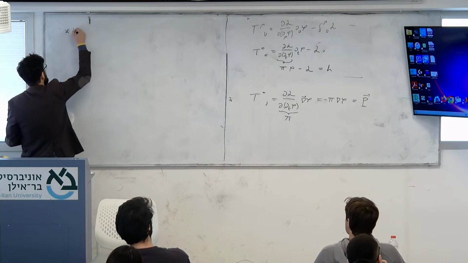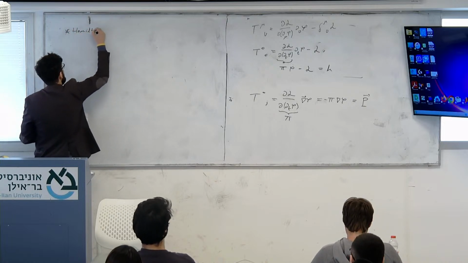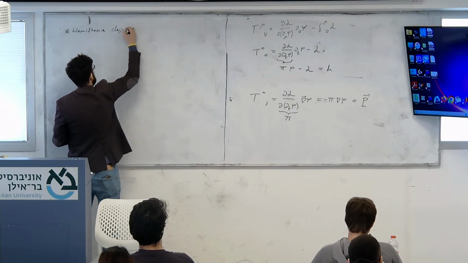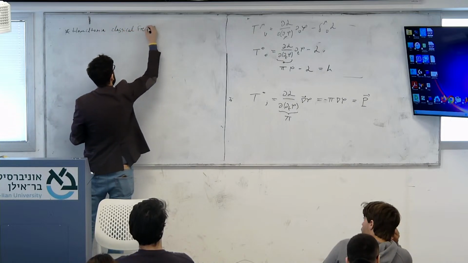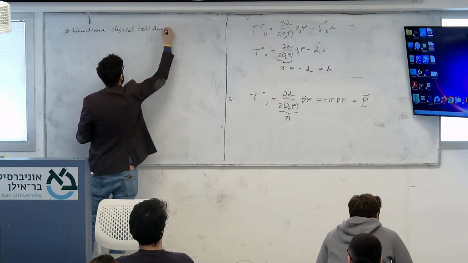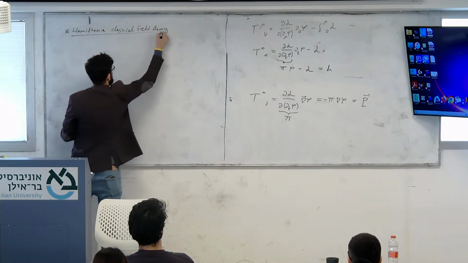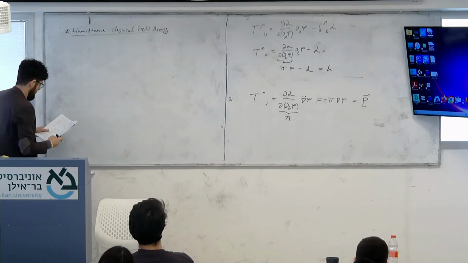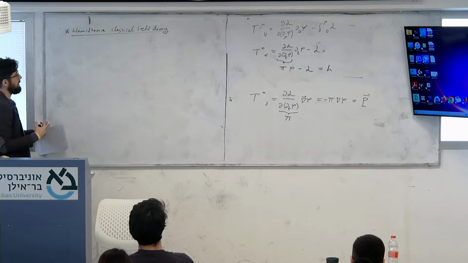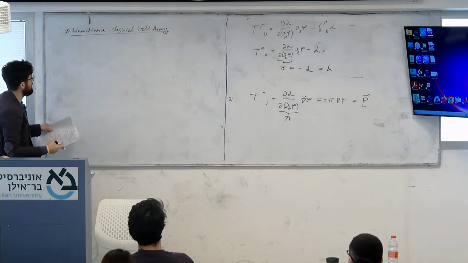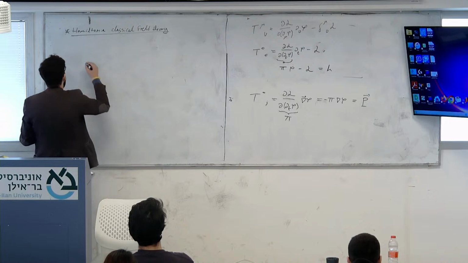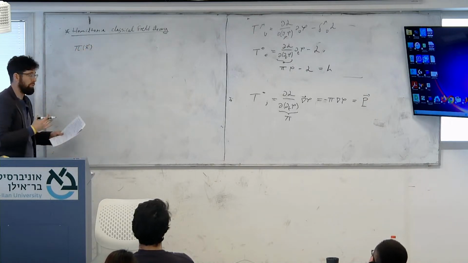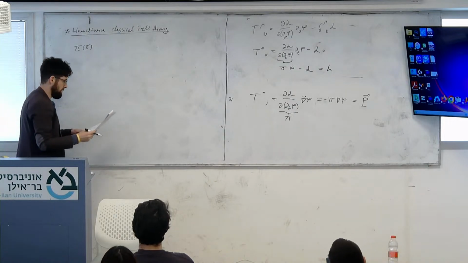So the last thing is Hamiltonian classical field theory. So in order to transform from the Lagrangian field theory we just described to Hamiltonian, we need to perform a Legendre transform, but now we're doing it for a field instead of a particle.